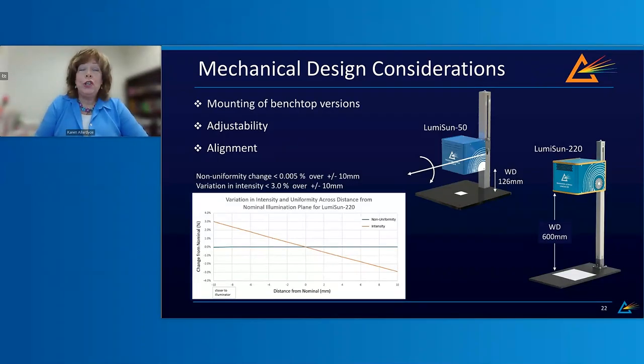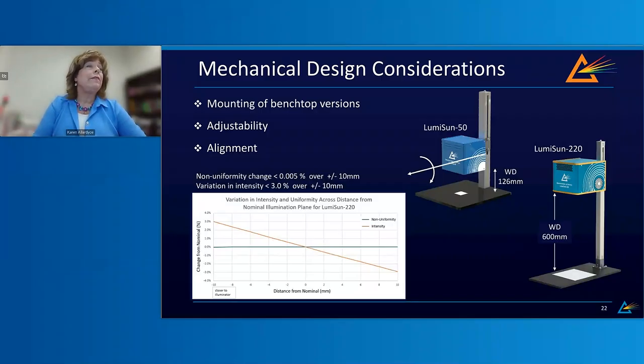So in addition to good thermal design, the solar simulator should be easily aligned for working distance, and it should be easily adjustable vertically and rotatable to redirect the illumination field and give you more flexibility. As mentioned, imaging systems like the LumiSuns are more forgiving in non-uniformity and intensity fall off than non-imaging, but they still require alignment to accommodate sample heights. Many systems employ laser pointer converging dots as a visual aid, or other mechanical means are available as well.